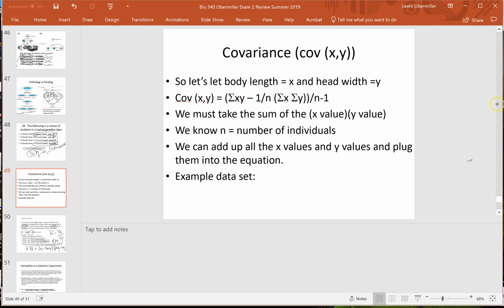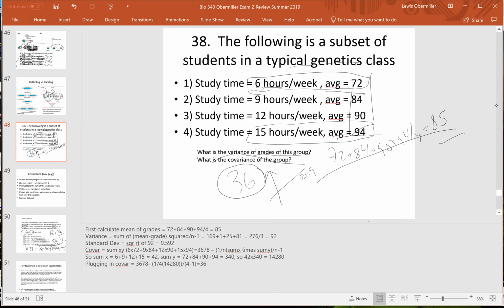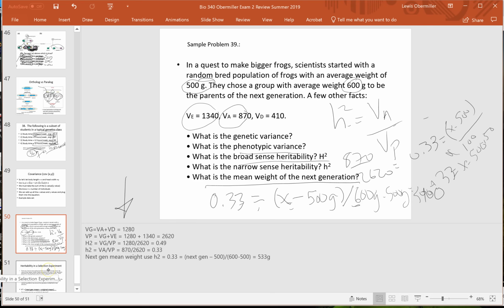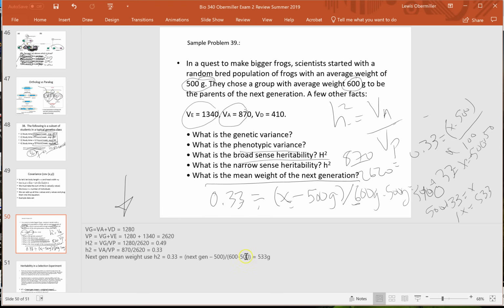Damn it. Wait, where was I? This is a negative 500, so we add 500 to both sides, so we get 500 plus 33 equals X, so X equals 533, which is this value here. Okay, perfect.